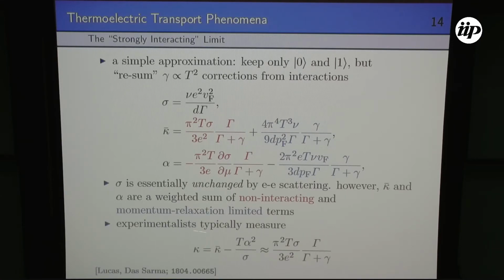Now, what experimentalists measure, just to conclude this part, is the kappa without the bar. And that turns out to just be the Wiedemann-Franz prediction multiplied by the fraction of electron impurity scattering. Okay? So this is a very simple resolution to my first question, which was which one of my two transport cartoons is right.